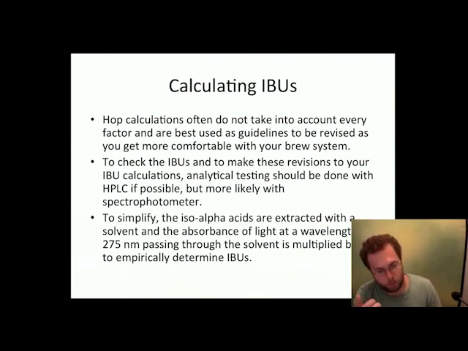And then you'll put that into the spectrophotometer and examine it at a wavelength of 275 nanometers, which is where the alpha acids are going to absorb the light. Based on that, multiplied by 50, that's the empirical way that you can find out your IBUs.